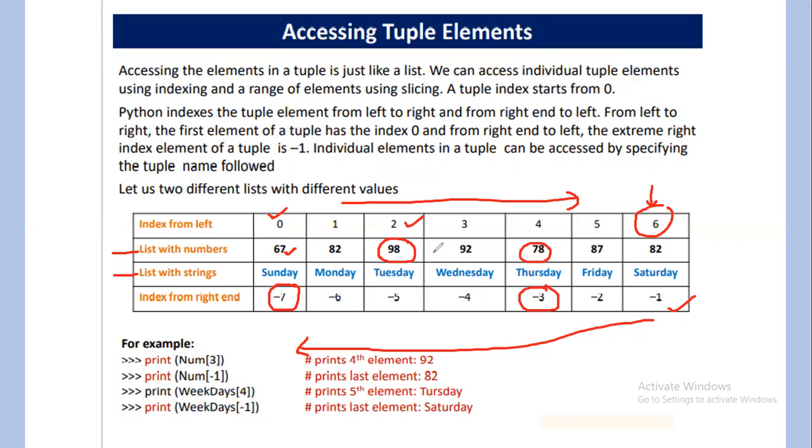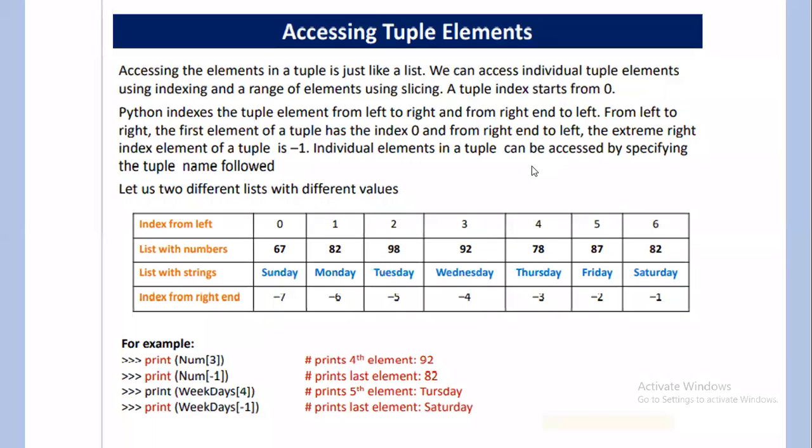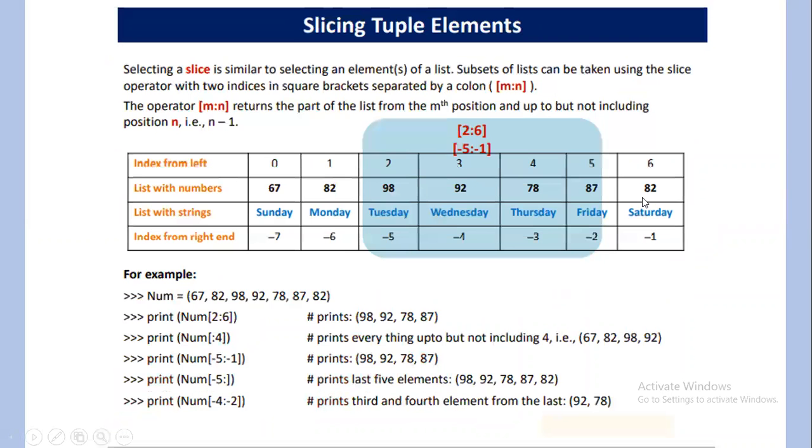When I say num of 3, 92 is going to be picked up and displayed. When I say num of -1, 82 is going to be picked up and displayed, right? When I say weekdays of 4, that is Thursday, so Thursday is going to be picked up and displayed. And when I say weekdays of -1, that is Saturday, which is simply picked up and displayed. So that's how you access tuple elements.